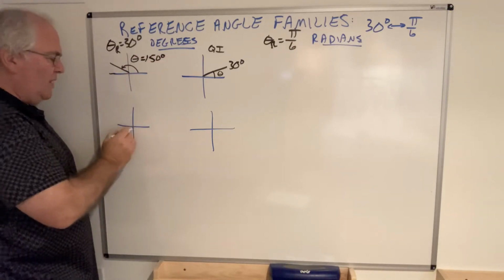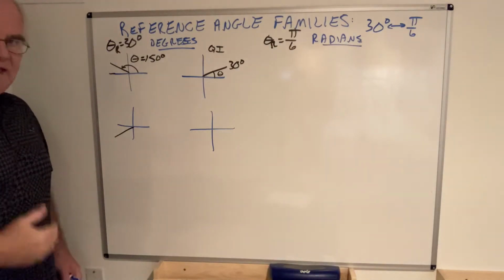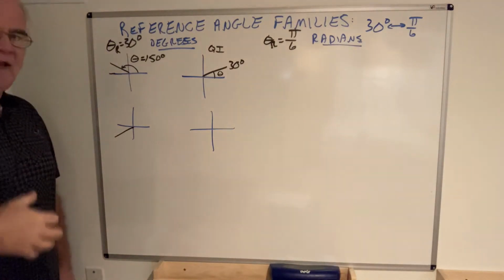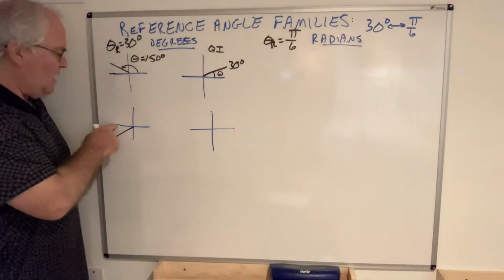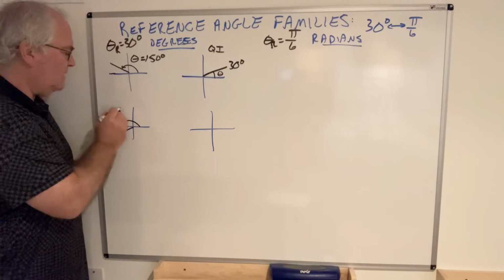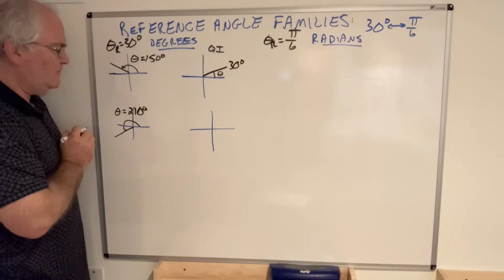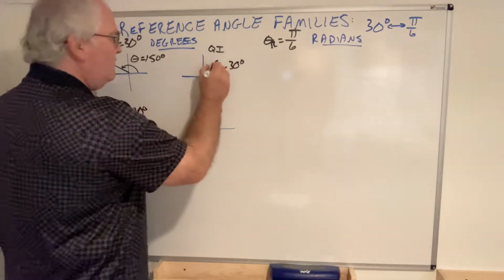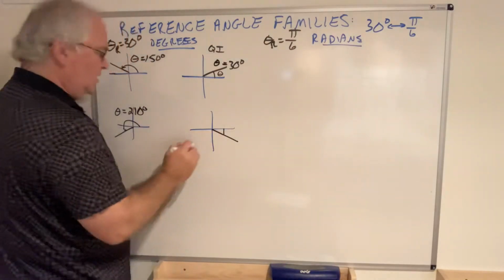In quadrant 3, remember that the reference angle always lies against the x-axis. So this is 180 plus 30 more. So theta is 210 degrees. And then in quadrant 4, this is 30 degrees.